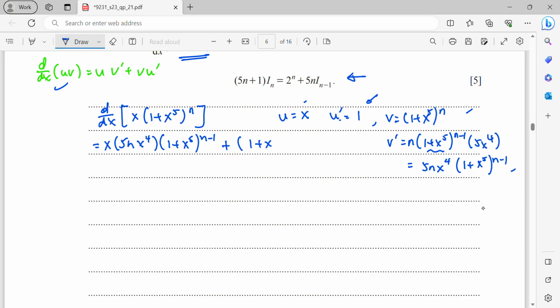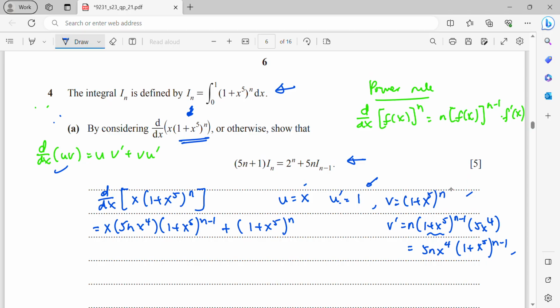So 1 plus x^5 to the power of n. Then from here, I will simplify the first term. So the first term, when you see the x here and this is x^4, it becomes x^5. So I will get 5n x^5 (1 plus x^5) to the power of n minus 1 plus the next term.